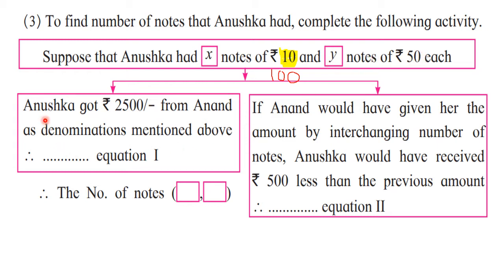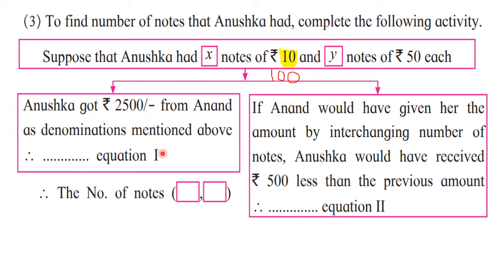Anushka got rupees 2500 from Anand as denominations mentioned above. So this total amount is 2500. Here the amount is 100x and here the amount is 50y. So you will get the first equation as 100x plus 50y is equal to 2500.